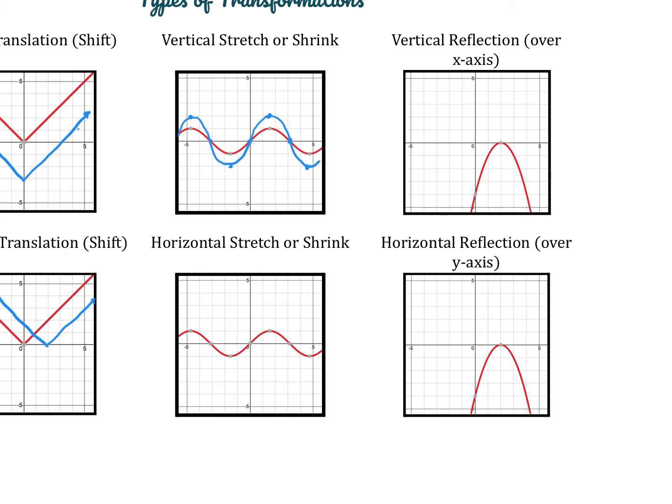So if we have a horizontal shrink, maybe by a factor of 1/2, all of our x values are going to be cut in half. So this x value will move to here. This one will stay at 0, this one will be cut in half to here, so something like this. So again, we're multiplying just our x values by that stretch or shrink factor instead of the y values.